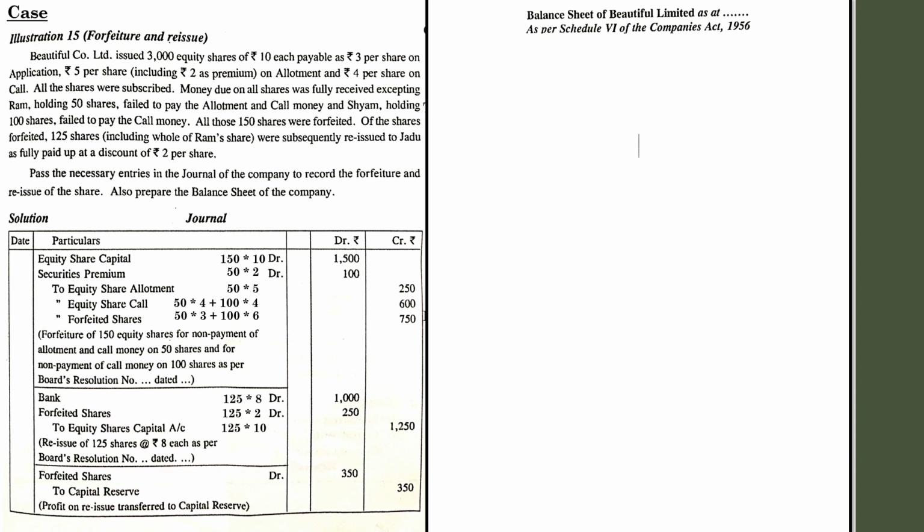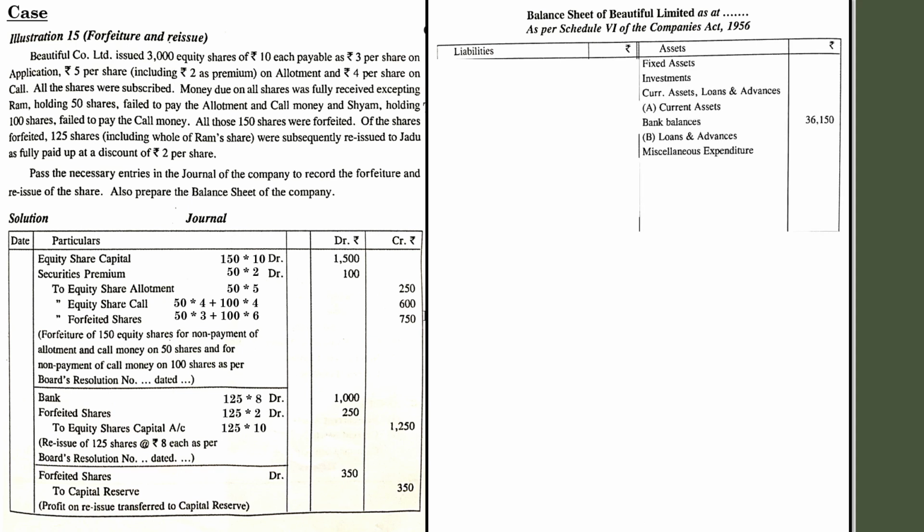Try to show the statement like this in the examination, because it is the format of the balance sheet of a concern. Liabilities and assets. Actually the company's balance sheet is a vertical balance sheet. We will discuss both the cases. First of all, on the asset side, they are just showing the pattern of the balance sheet: fixed assets, investments, current assets.